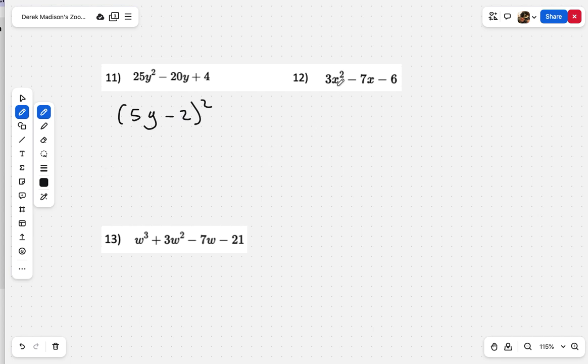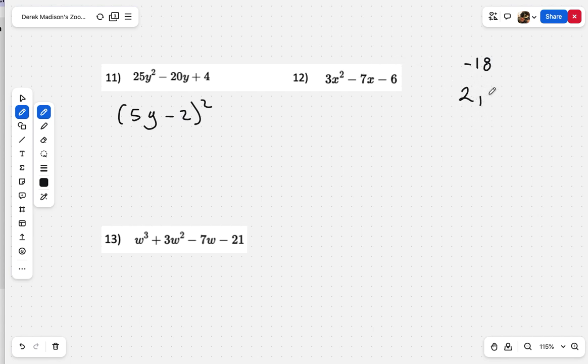This next one, no common factor, 3 and 7 doesn't play. It does not lead with 1, it does not have squares on the ends, so that means this is a 7, 4 where we have to do AC. So for that we do a times c, so 3 times negative 6 would be negative 18. And then we need two numbers that multiply to be negative 18 and add to be negative 7.